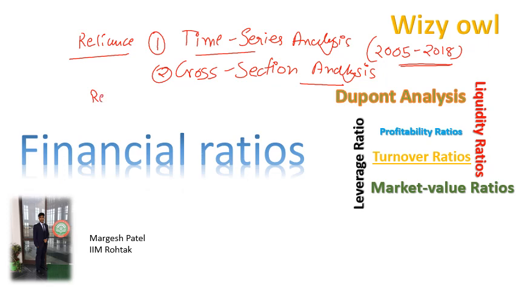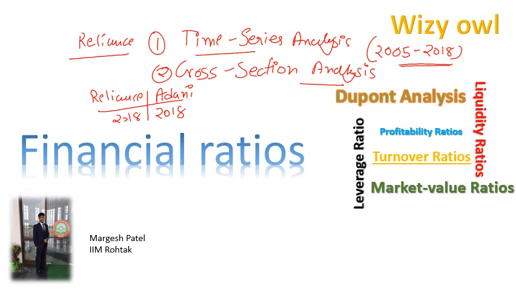On the other hand, if we compare two competing companies like Reliance and Adani for a single year, let's suppose 2018, then that would be considered cross-sectional analysis. For example, if we compare Reliance's profit and Adani's profit for 2018, that would be cross-sectional analysis.